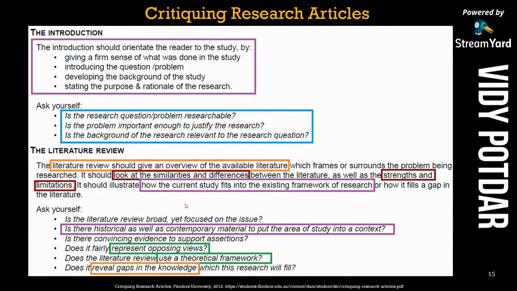And when you are reviewing or criticizing the literature, you can pick that up. You can say that the literature is not thorough enough, it is not sufficient. You can even pick up examples of papers that should have been included but are not included in the literature review. Then you can look at whether it fairly represents opposing views. On many occasions authors find existing literature that supports what they are trying to do.